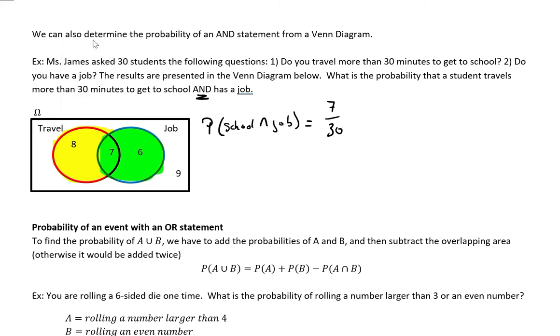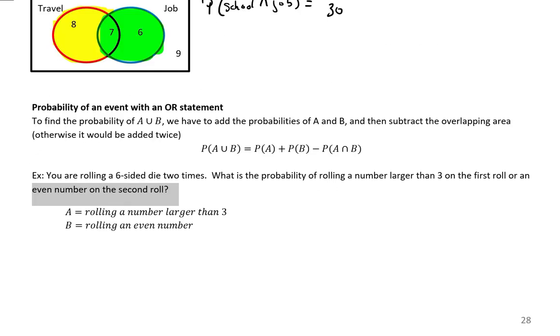Well, we've added the 7 a second time, right? The highlights just kind of go over each other. But we had 8 plus 7, that was the probability of A, plus 7 plus 6, which means we've doubled this middle section, which is why we have to subtract it at the end. So let's look at an actual example. And you'll see that this example, I changed it a little bit from the example that was in your book.